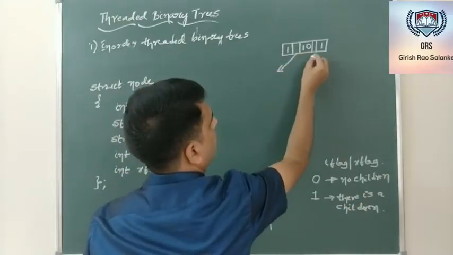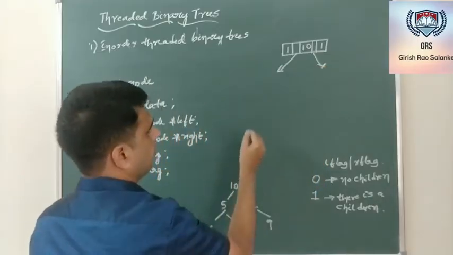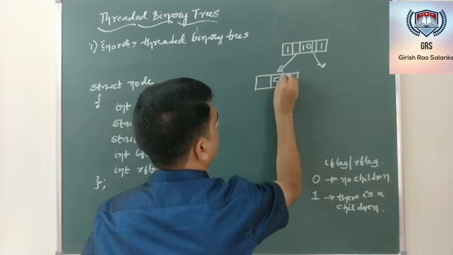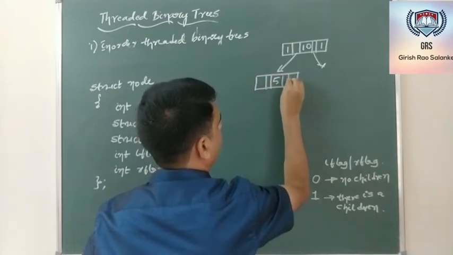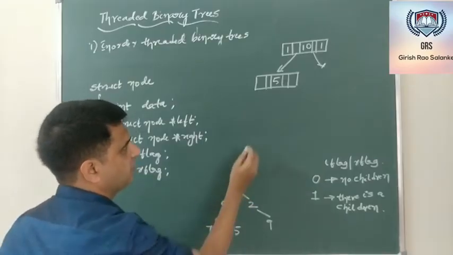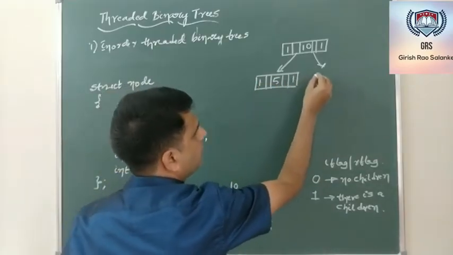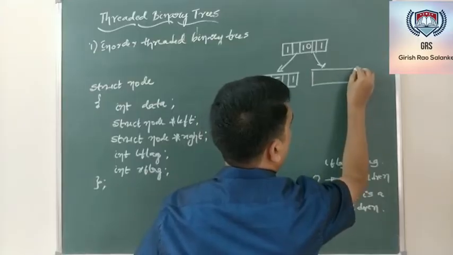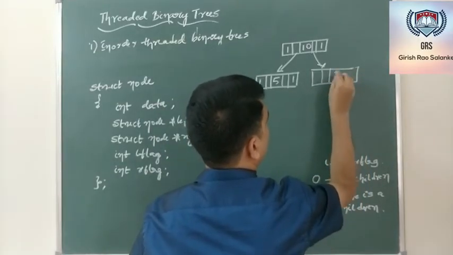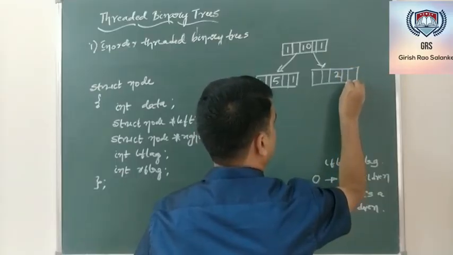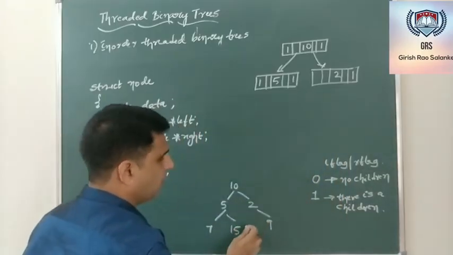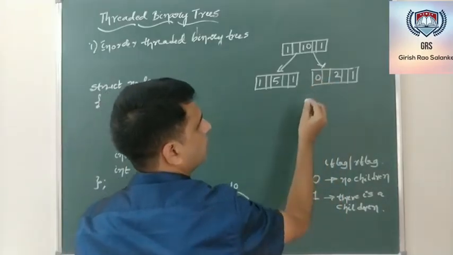Now 5, left address, right address. Does 5 have a left child and a right child? Yes, so its value is 1. Next is 2. This is the left address and this is the right address. Does 2 have a right child? Yes, so it is 1. 2 does not have a left child, therefore it is 0.